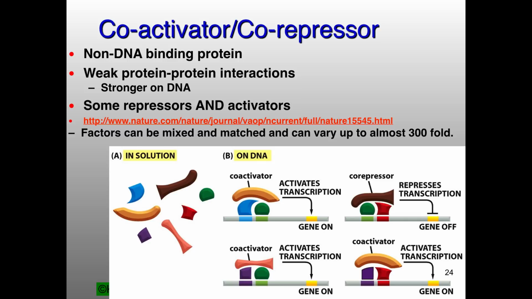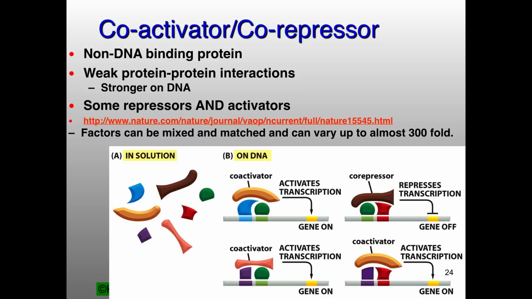A co-repressor would be involved in methylating some of the histones, and methylation of histones then leads to compaction of the DNA, no access to the promoter by the general transcription machinery.